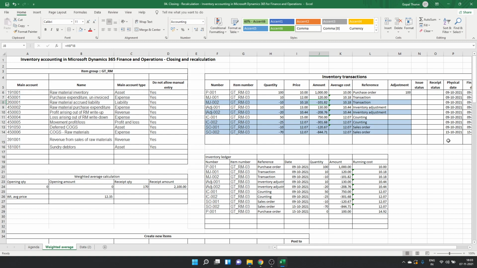Now when we are closing or recalculating inventory for this particular item, system has calculated the weighted average cost of 12.35. So the issue cost for this particular transaction actually should be 123.50.